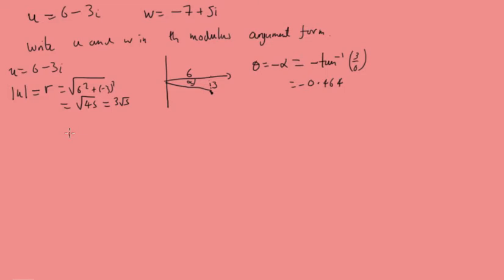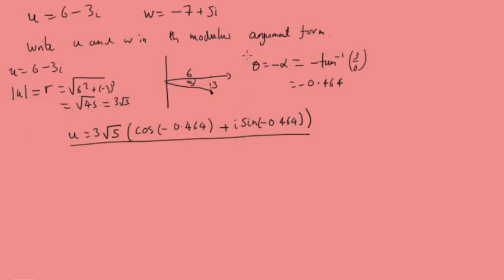So now we can rewrite u as 3 root 5 cos minus 0.464 plus i sine minus 0.464, and that's u in the modulus argument form.